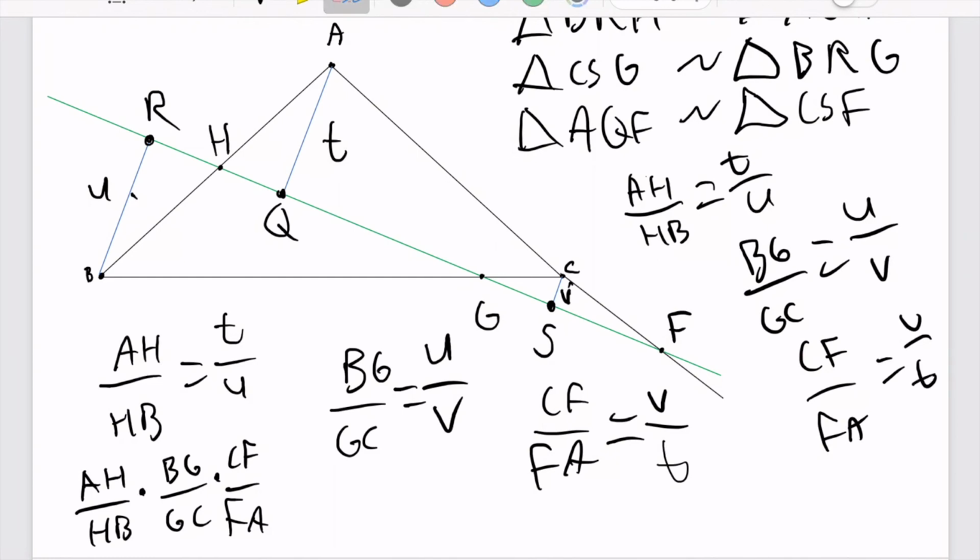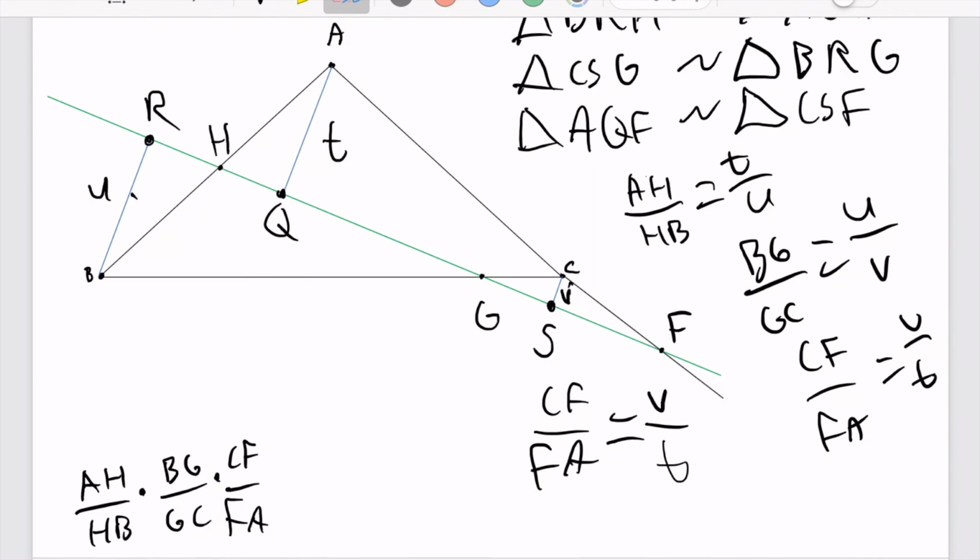All right, now if I erase these, what's the product of these three ratios?